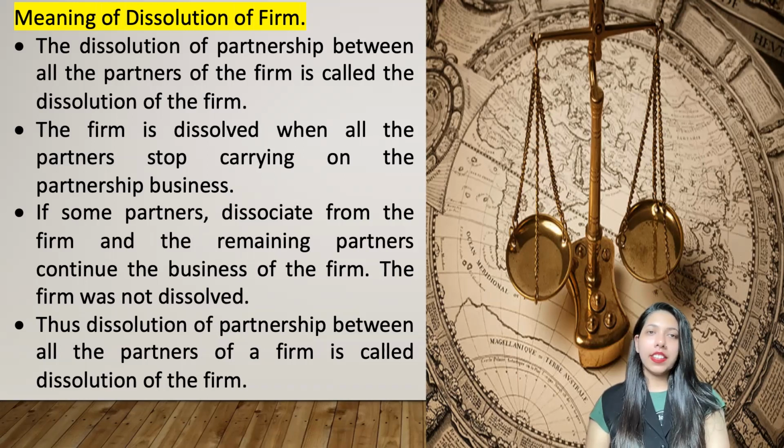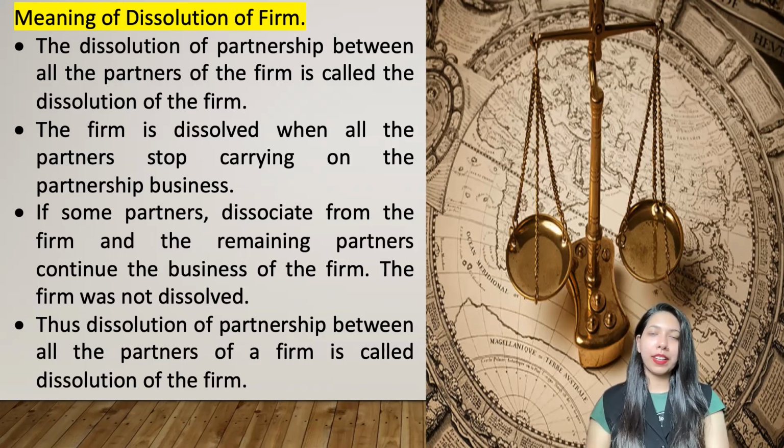The answer is that the dissolution or winding up of a partnership firm happens when the partnership between all the partners of the firm is dissolved. So the firm is dissolved when all the partners stop carrying on the partnership business. But if some partners dissociate from the firm, and the remaining partners continue to do the business as a firm, then the firm is not dissolved.